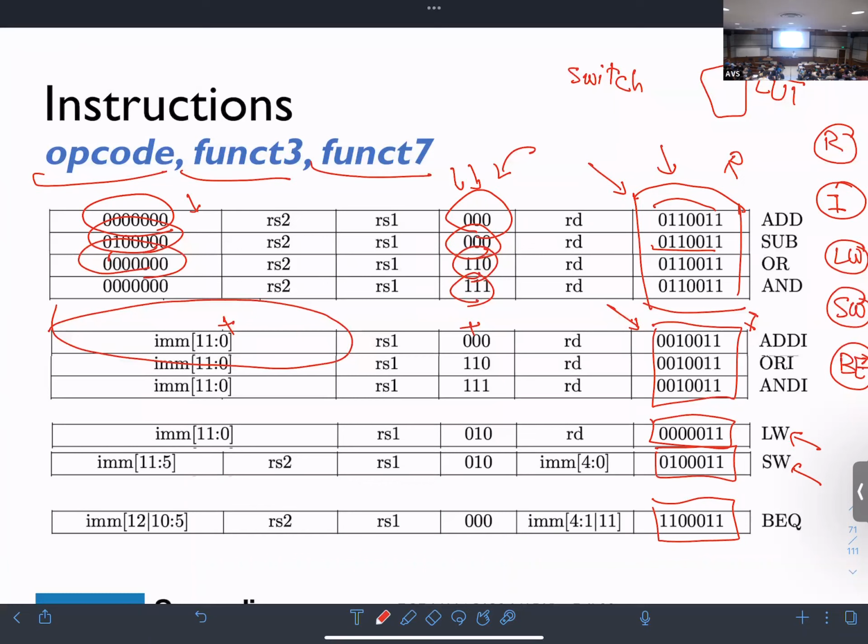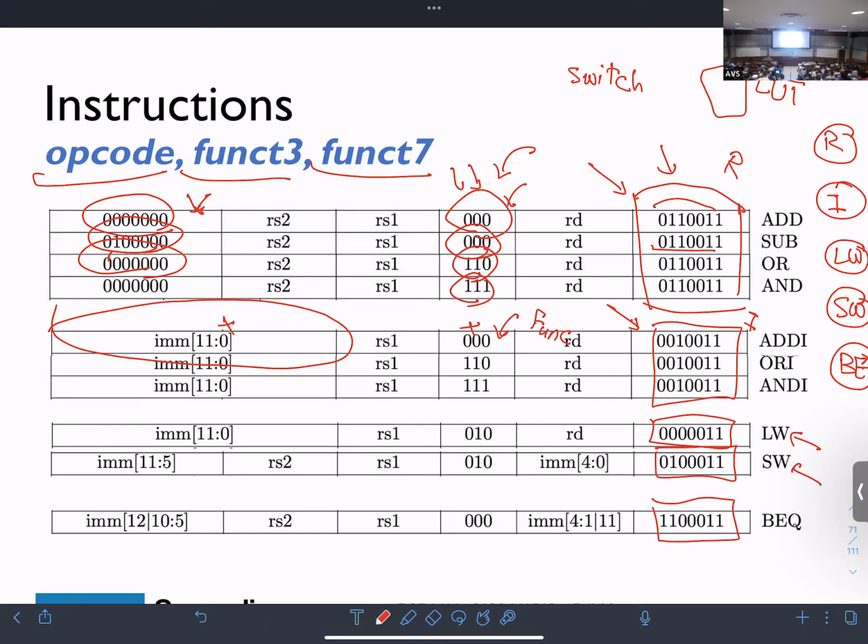So for R-type instructions, where we have a wide variety, we need to rely on both func3 and func7. But for immediate instructions, for example, we only rely on func3 because only a handful of instructions differ in the immediate. For load and store, we don't care.